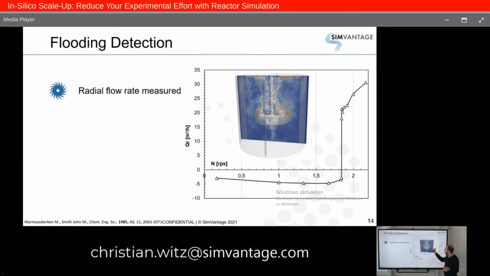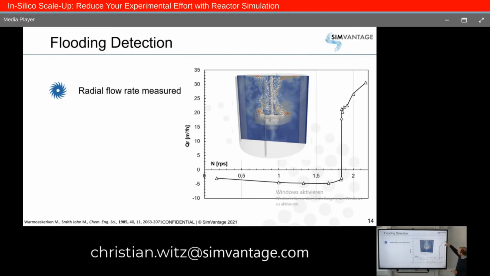Now, if the stirrer is flooded, like in this picture, then the bubbles go to the top and we have this circulation. And now the liquid flows from the side towards the stirrer, and the flow rate of this virtual cylinder changes the sign.